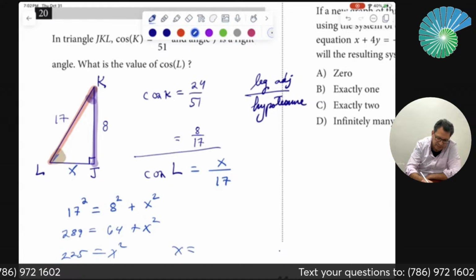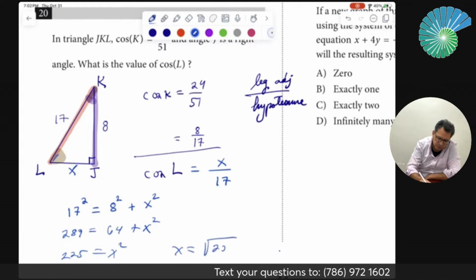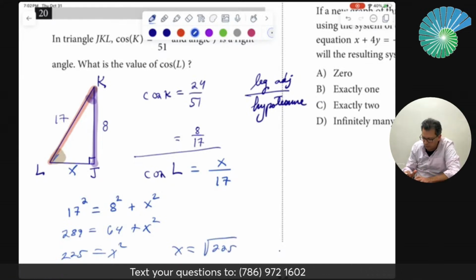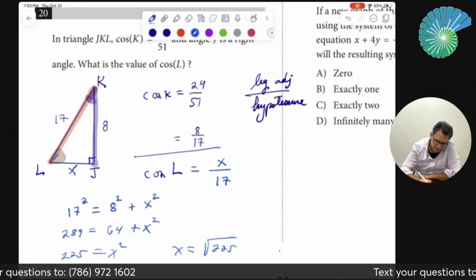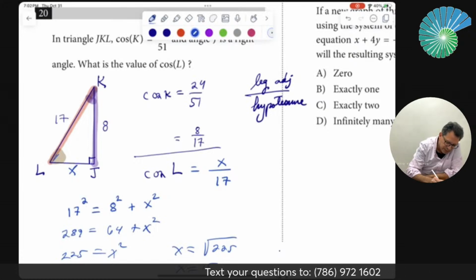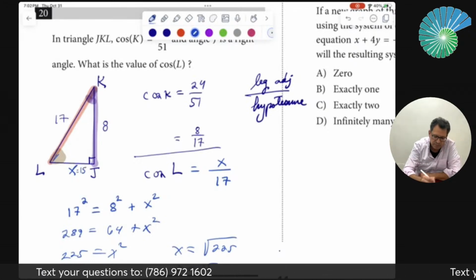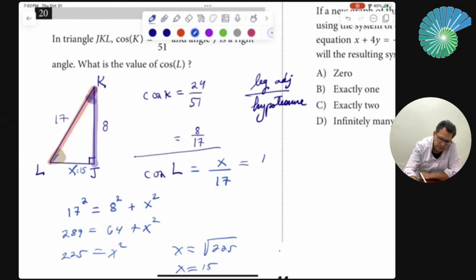That means that x is the square root of 225. Now, what is the square root of 225? It's 15. So this leg here is 15, meaning that the cosine of L is 15 over 17, and I'm done.